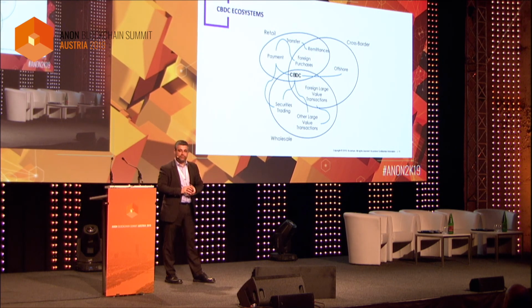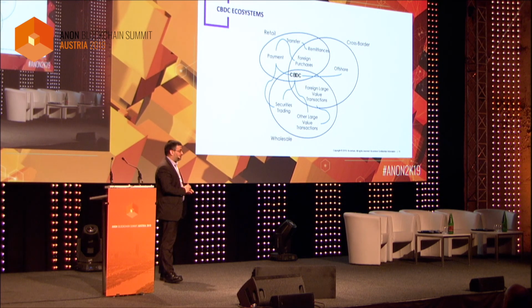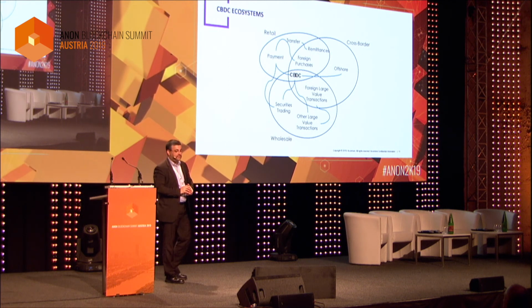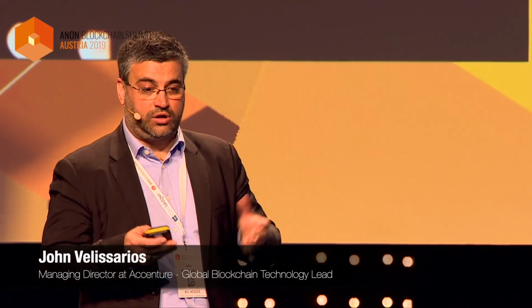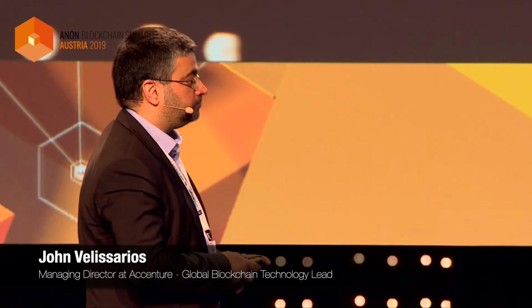There's quite an elaborate series of different activities there, from payments to transfers to remittances, through to securities trading, through to foreign large value transactions and things like that, all part of this wider ecosystem. And they play a key role in enabling what I would call a new financial system that would make use of this technology.